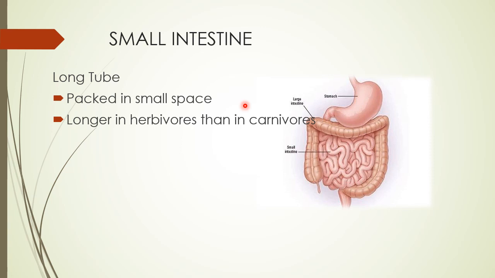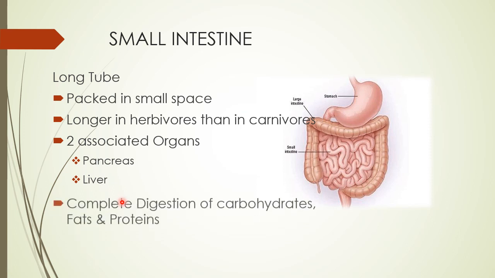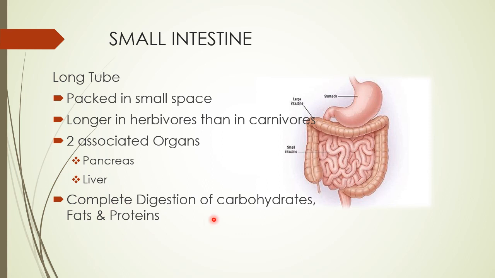Now the small intestine secretes its own intestinal juice that digests food entering it, but it also has two helping organs, the pancreas and the liver. So these three together make sure that complete digestion of carbohydrates, fats and proteins takes place in the small intestine.